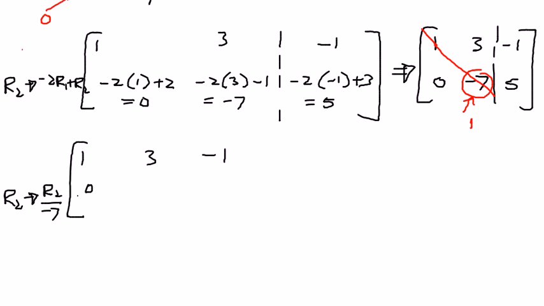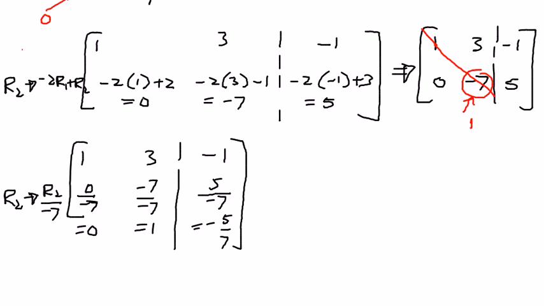So 0 divided by negative 7 is 0, negative 7 divided by negative 7 is 1, and 5 divided by negative 7 is negative 5 over 7.